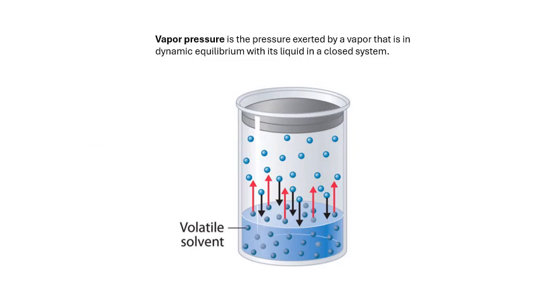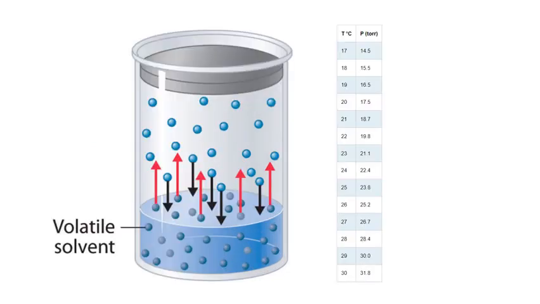By definition, vapor pressure is the pressure exerted by a vapor that is in dynamic equilibrium with its liquid in a closed system. When the temperature changes from 25 degrees Celsius to a different temperature, the vapor pressure of water is going to change as well. At 25 degrees Celsius, it's going to be 23.8 torr, and if it is going up to 27, for example, it's going to be 26.7 torr.